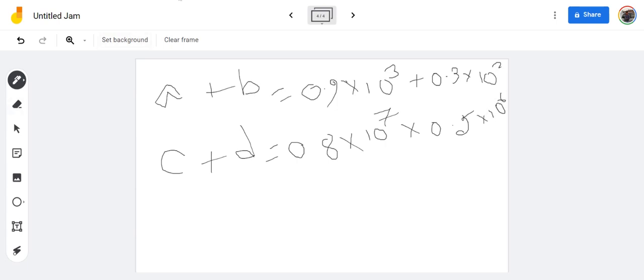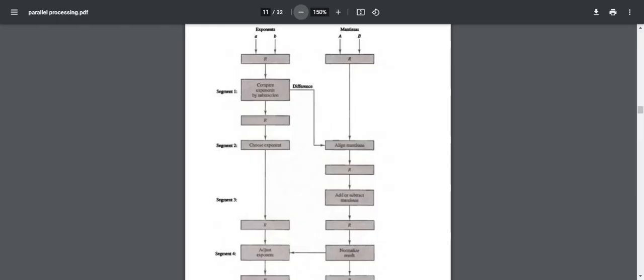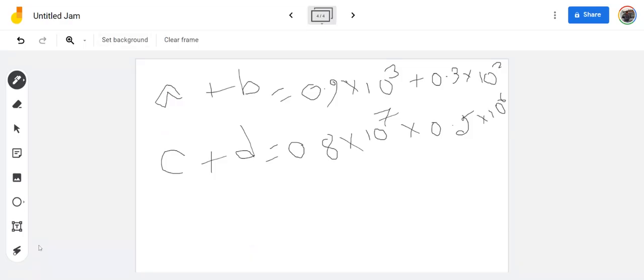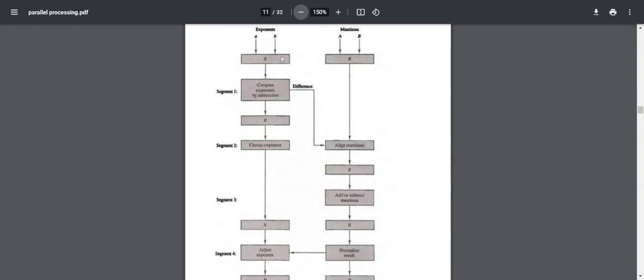Now, if you follow our course of action, your computation starts, right? So, at the very beginning, the A and B from our first example will be brought into this register sets. Exponents will be copied into the variables small a and small b, and mantissas will be copied into the registers cap A and cap B, right?